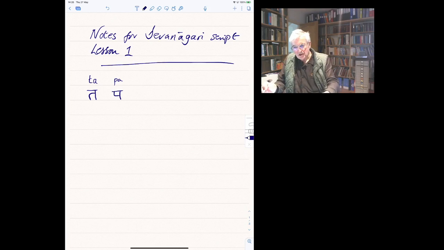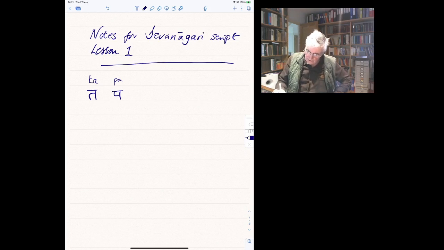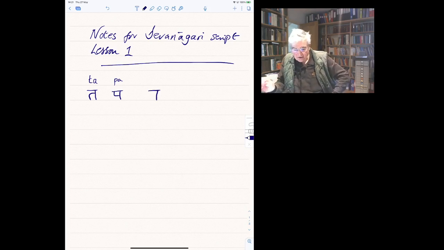For the great majority of the letters of the Devanagari script, you have an upright bar and a crossbar, which are common to the majority of the letters, and the characteristic part of the letter is the bit that's normally written first.